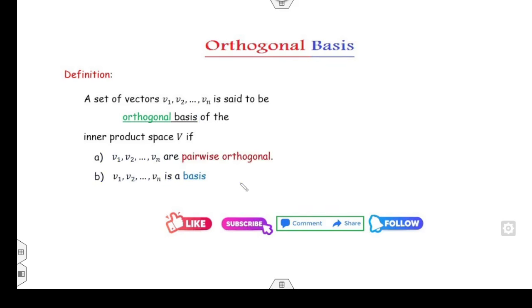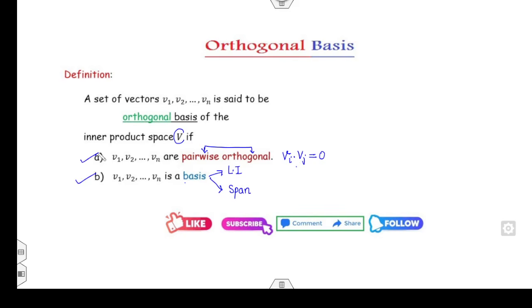We already know how to prove orthogonality, or pairwise orthogonality: you prove that vi dot vj is 0. And how do you prove a basis? You need to prove that they are linearly independent and that the elements span the given set, the span of V. If you prove these two, then you can say this is a basis of orthogonal elements.